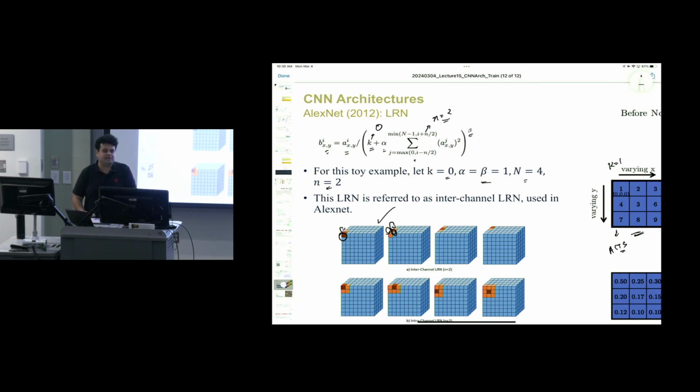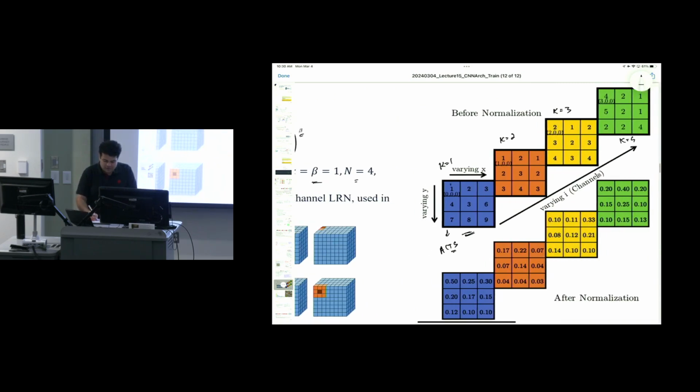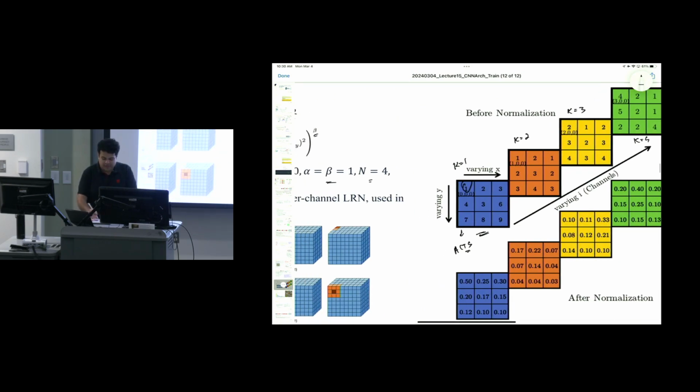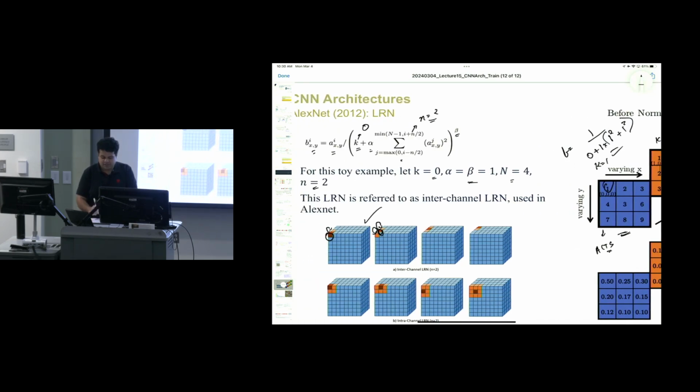So for the first one here, which is 1, I would have to use B is equal to 1 divided by 0 plus 1 alpha multiplied by 1 square plus 1 square. This is the equation here. So my A was 1.